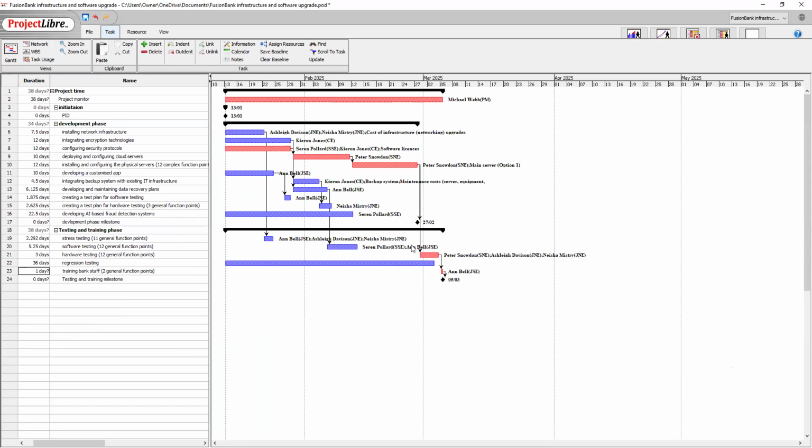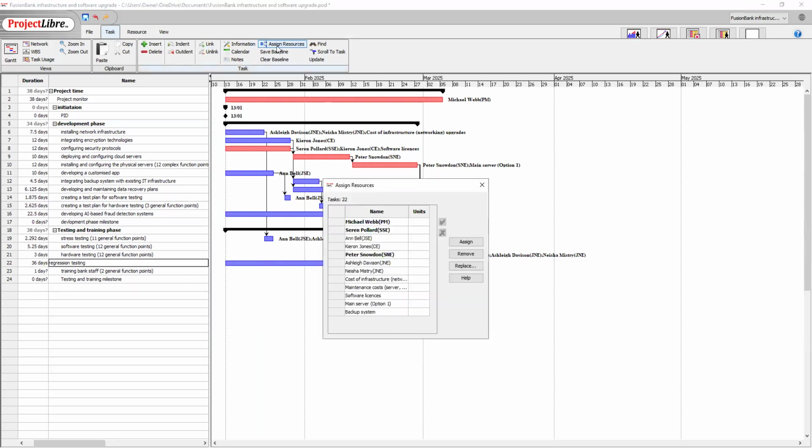So all the juniors, Serene and Ann, can do regression testing. So all the juniors and the senior. Can our senior do Peter Snowden? Does hardware. So everybody can do it. So we're going to just throw everybody at it because it's the last thing that we have.